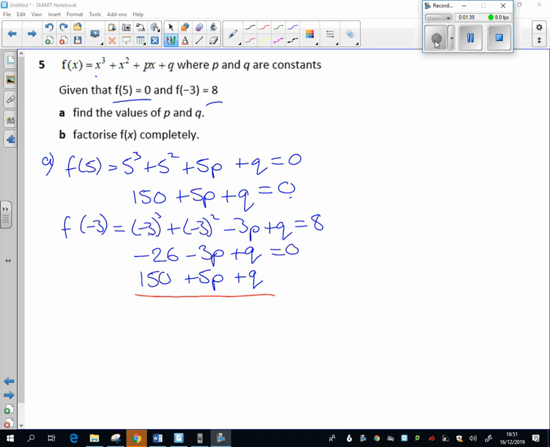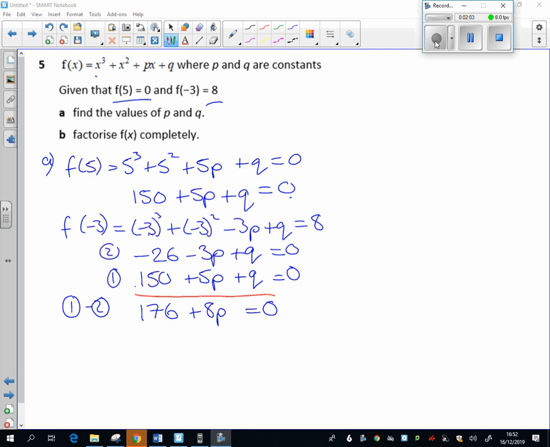Sorry, they should both equal 0. So I would actually do 1 take away 2. So 150 minus 26, 5p minus 3p, q minus q is gone, and 0 minus 0 is 0.